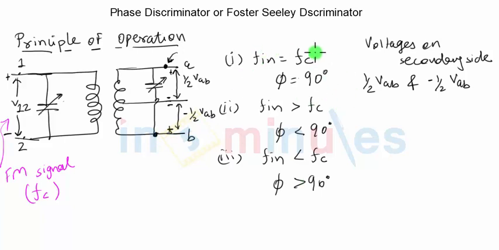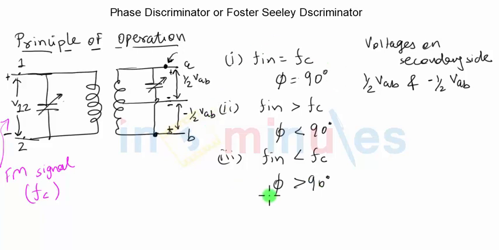Whatever discussion we had in terms of the phase difference, if we now discuss the same thing between some specific voltages, which are V12, half VAB and minus half VAB, then we can draw some very important phasor diagrams. These phasor diagrams will help us understand how conversion from FM to PM will take place.